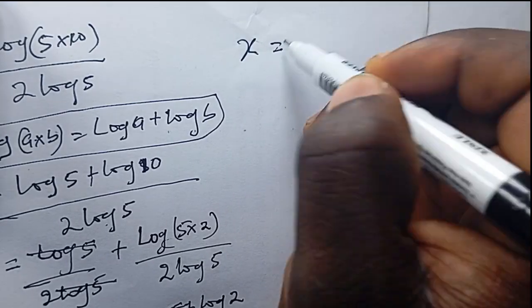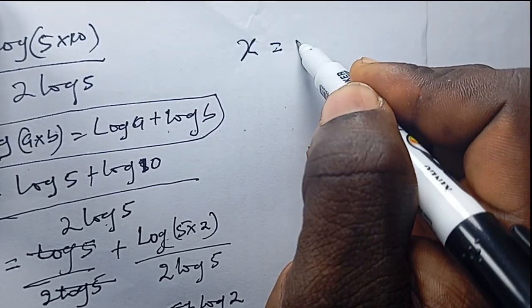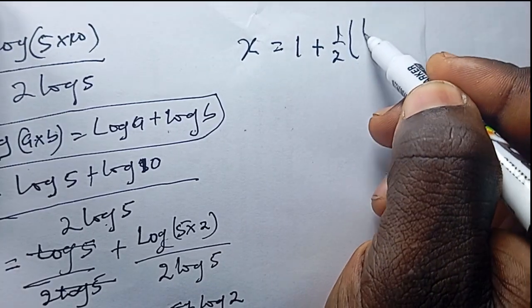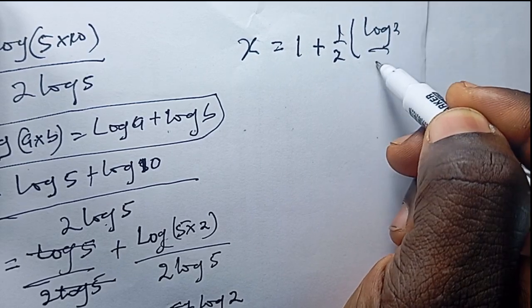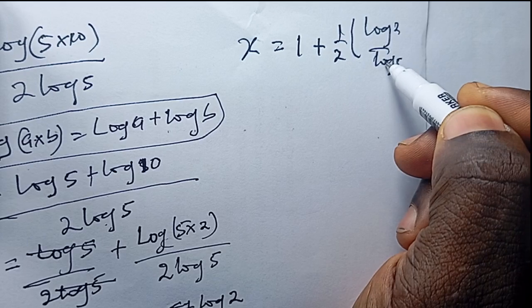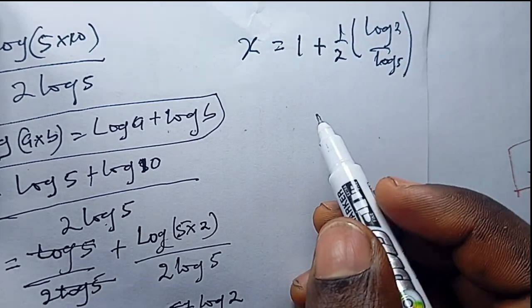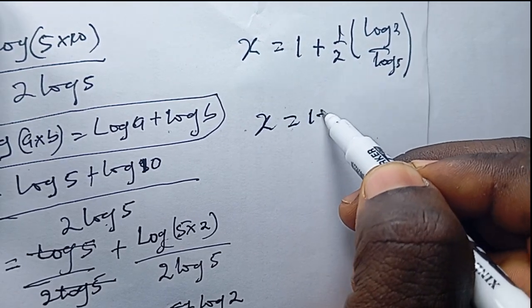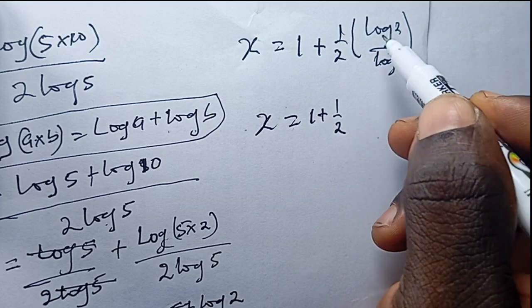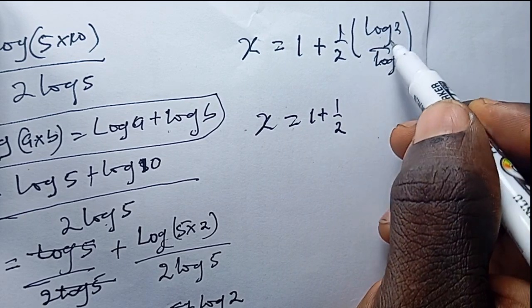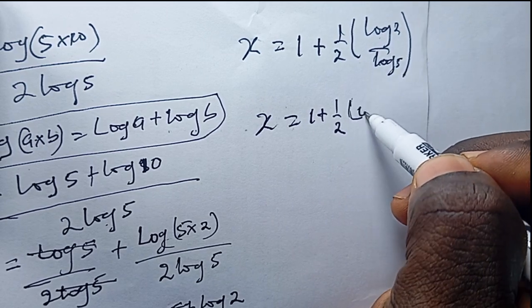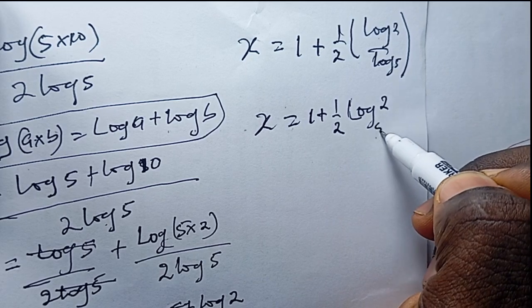What we had is x equal to 1 plus 1 over 2 into log 2 divided by log 5. So eventually my x will now be equal to 1 plus 1 over 2. I can actually write this log 2 divided by log 5 as log 2 base 5.